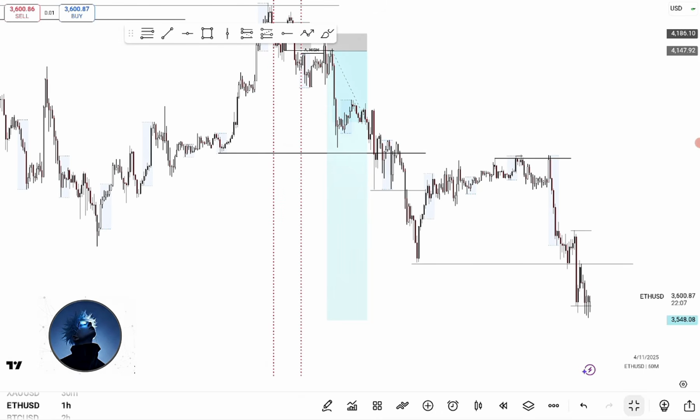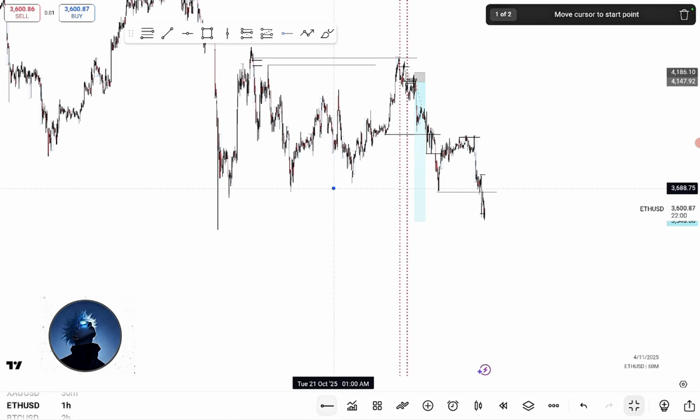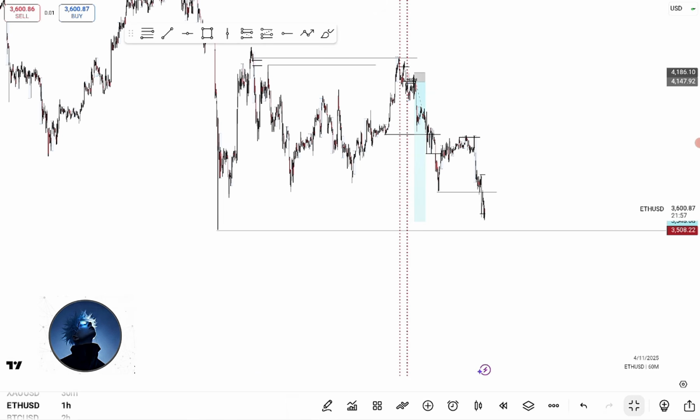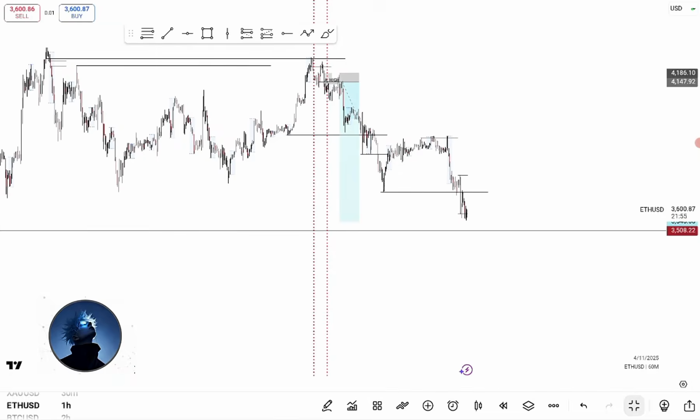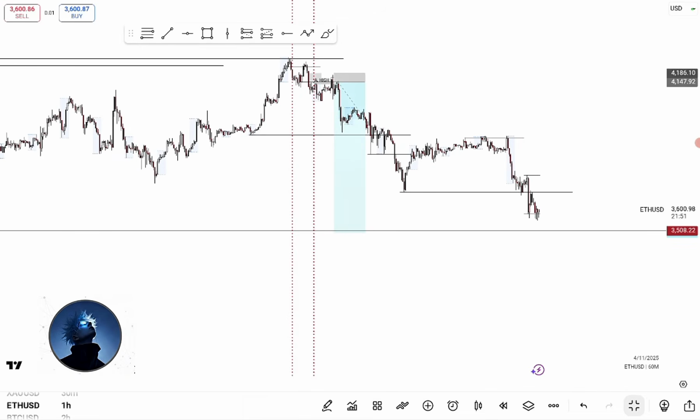So this is literally 1 to 15R, right? And I'm still holding actually because I still expect this low to be destroyed, right? So on average it's 1 to 17.